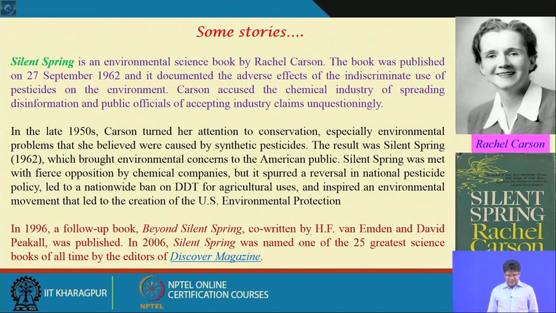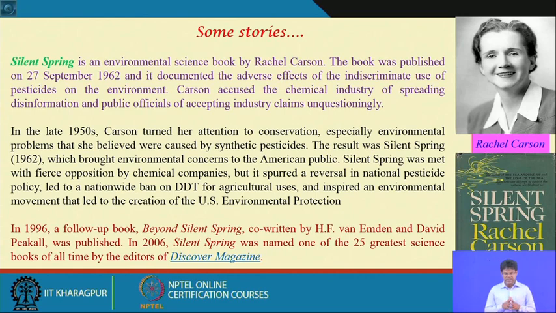And in 1996, a follow-up book, Beyond Silent Spring, co-written by H. F. Van Emden and David Peakall, was published. And in 2006, Silent Spring was named one of the 25 greatest science books of all time by the editors of Discover magazine.